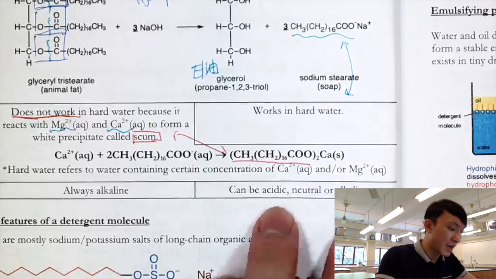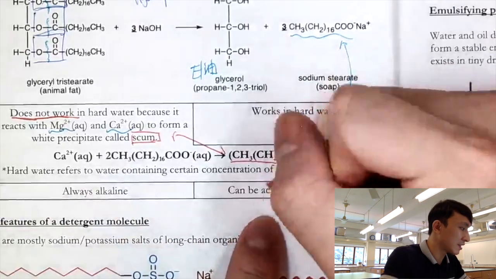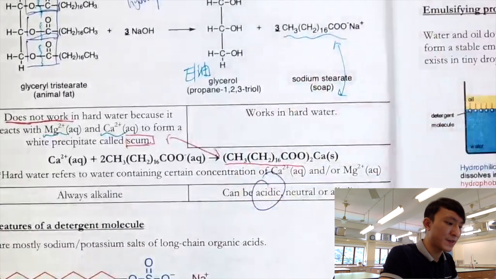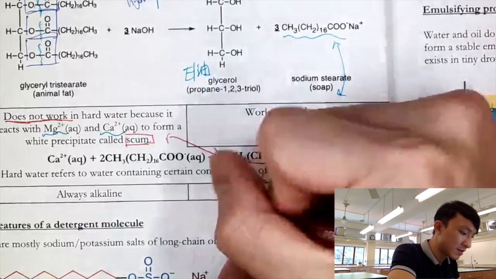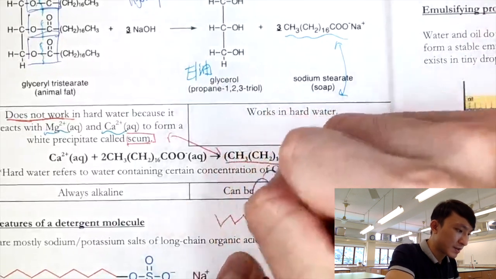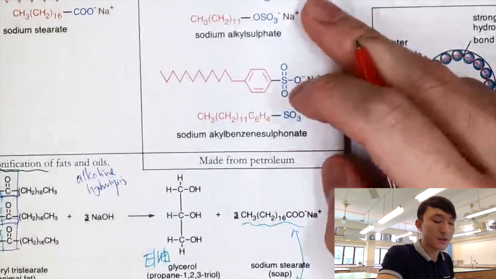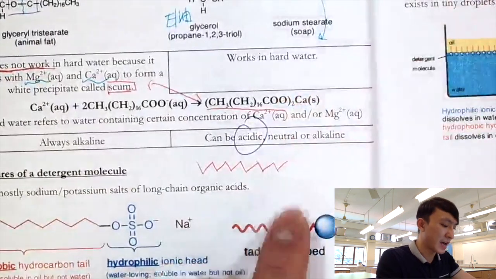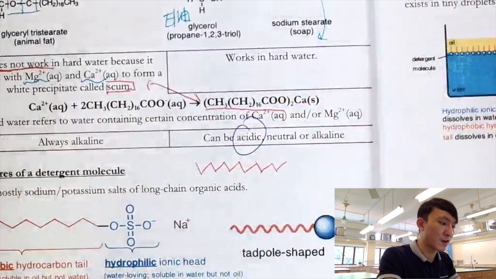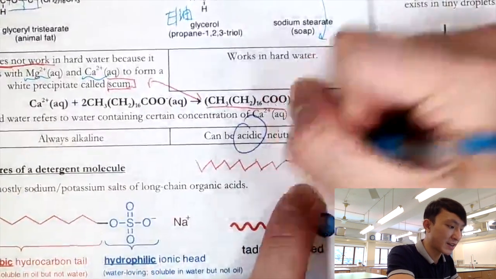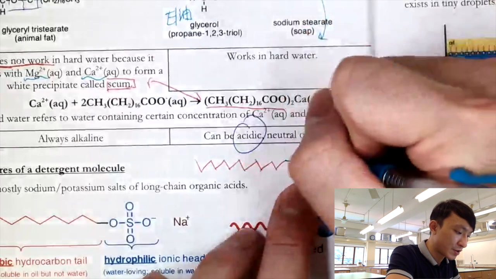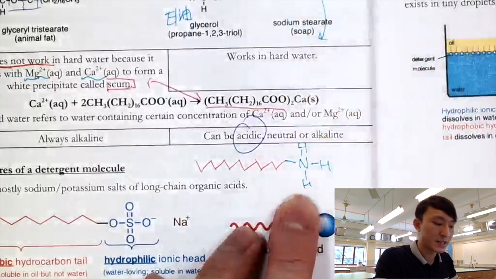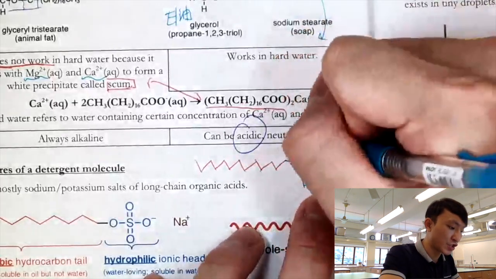Now, if we have an acidic form, just a little bit supplementary, it will be very similar to the detergent here. It still has a long non-polar tail, but it will have a different kind of head. This time the head is not negative, it's positive. A very common example would be an ammonium head, bearing a positive charge.